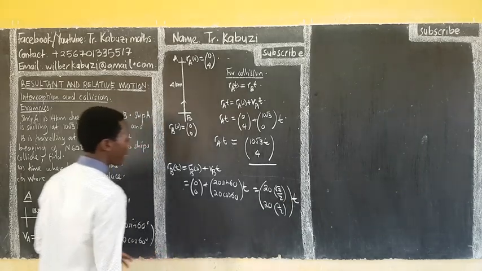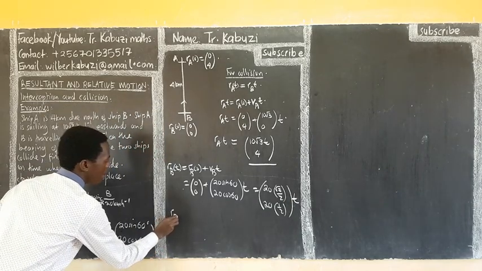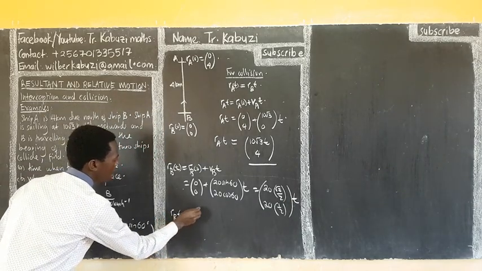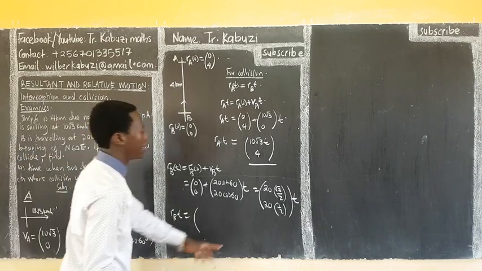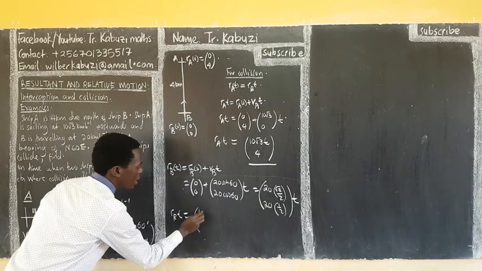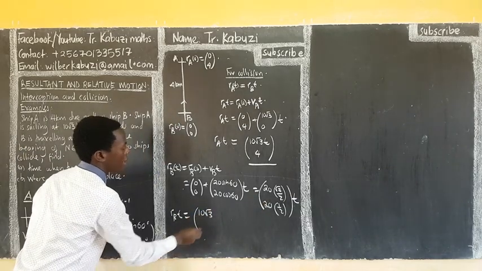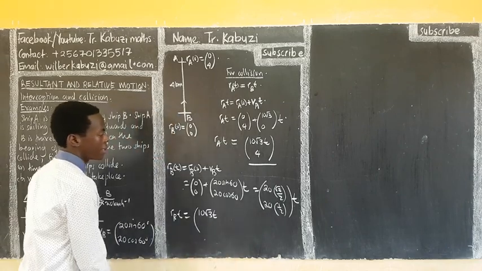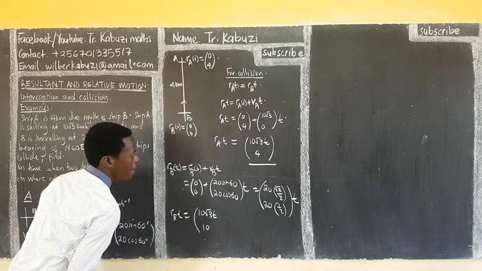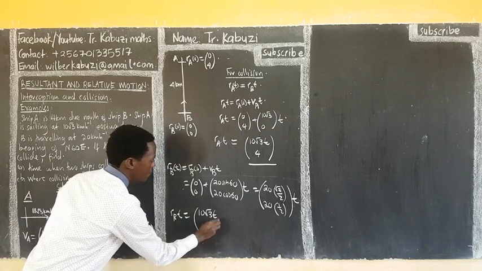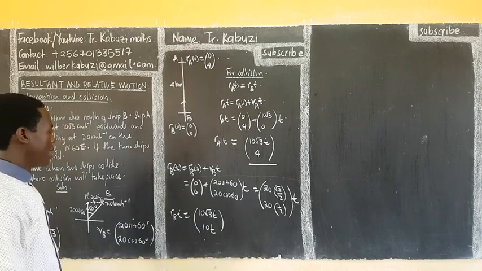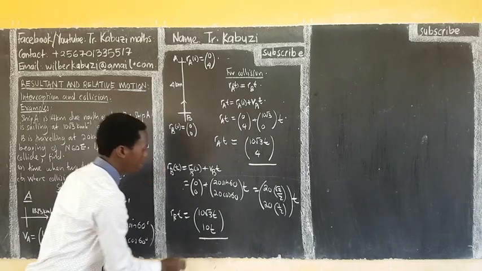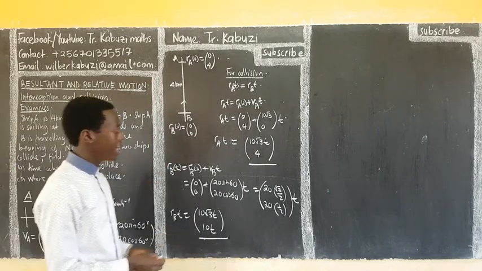So from there, our R of B will be 10 root 3 T, and then 10 T, as simple as that. So this is the displacement of ship B at any time.